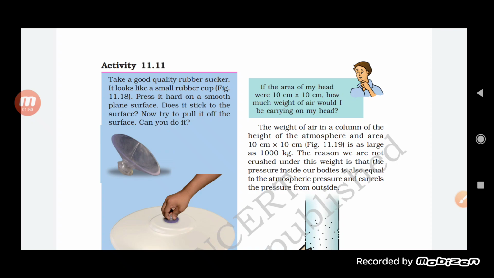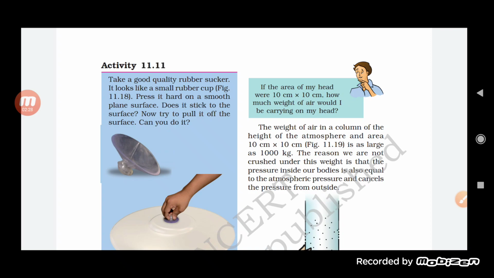Now, pressure is not only exerted by solid objects, it is also exerted by fluids. Fluids means water as well as air. If we talk about the pressure exerted by water, we have seen some activities with the help of which we understood that water also exerts pressure, and that at the same depth it exerts the same amount of pressure.